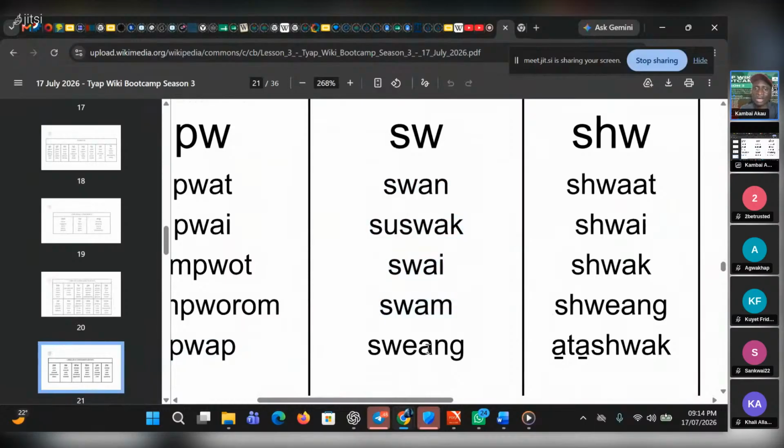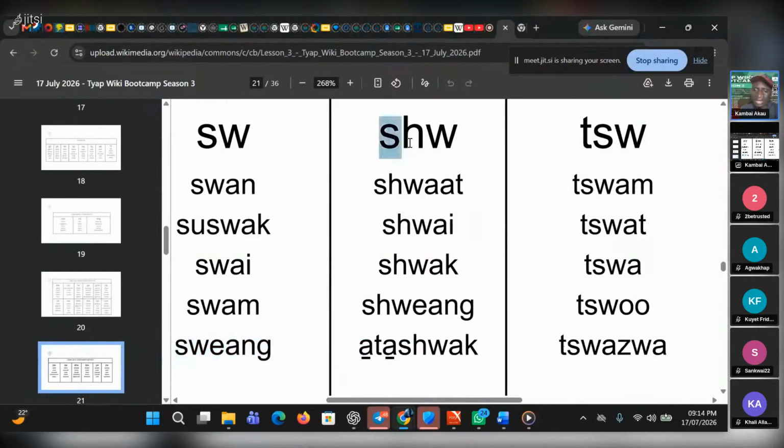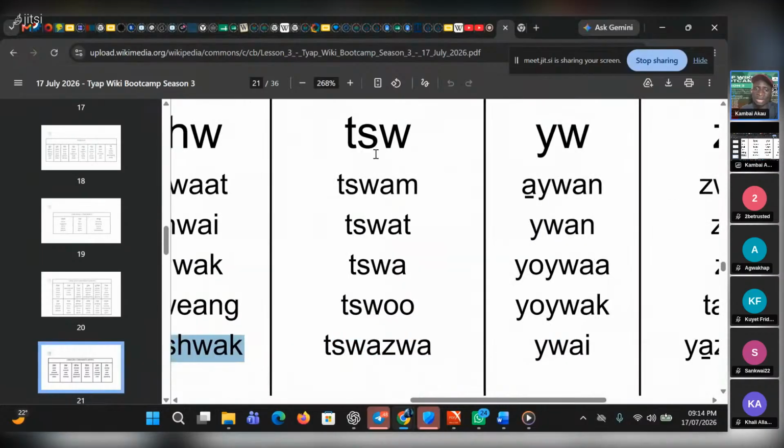Then we have the labialized SH sound. Examples: shwat, shwai, shwak, and shwayang. Then we have the labialized T sound: twat, tso, and twa jwa.